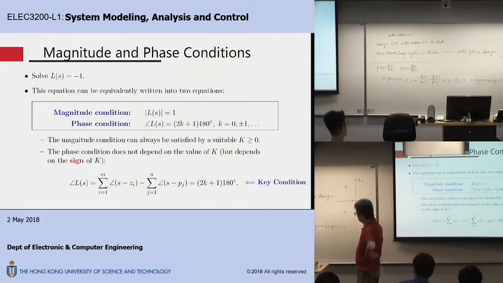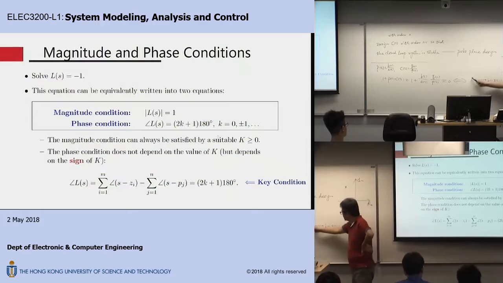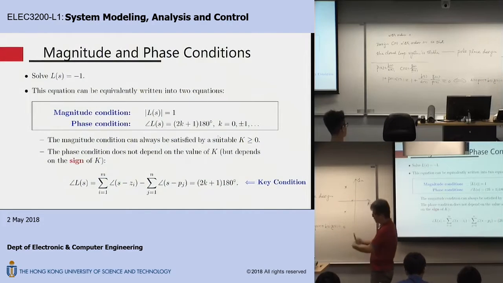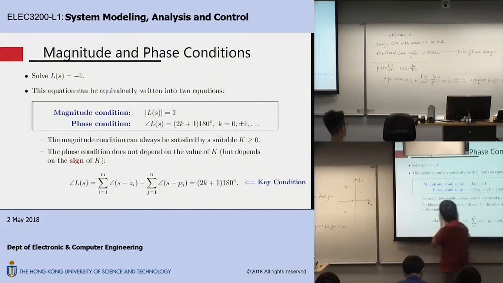Equivalently, we want to find the S so that this is 0. So basically, we want to try to understand that. In order for this to be -1, we see the magnitude of this has to be equal to 1.